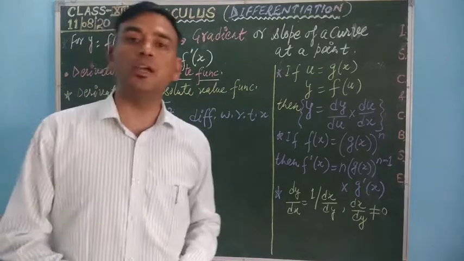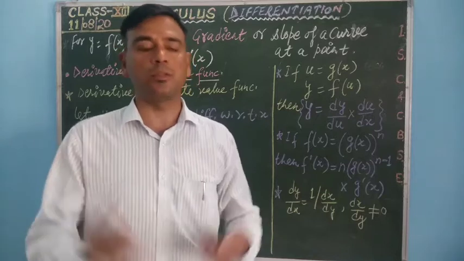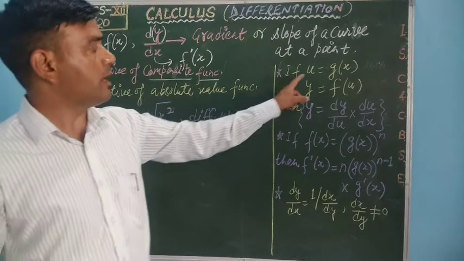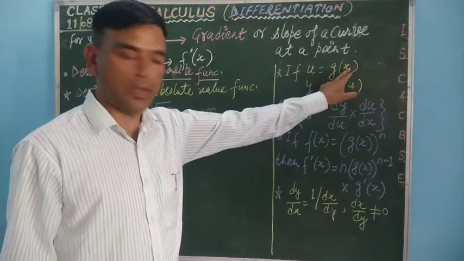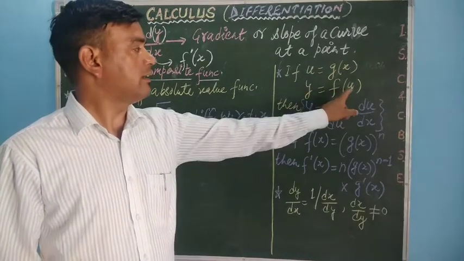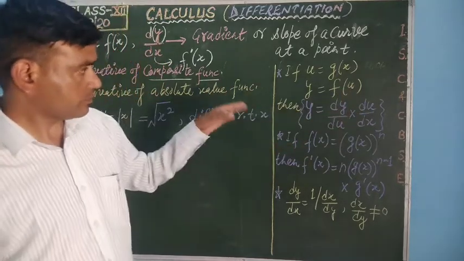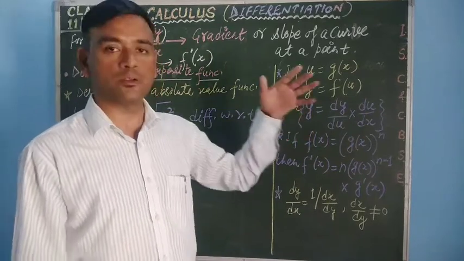Students, see here, if we have two or more functions, how will we differentiate that? If we have a function u = g(x), it means u is a function of x, and another function y that is a function of u, then how will we find the derivative of y with respect to x?